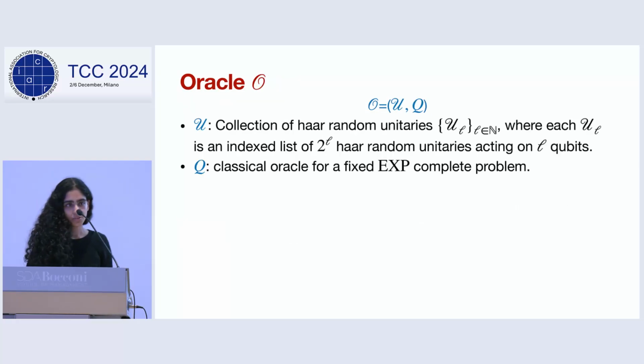And I'll start by describing what the oracle is. So it's a quantum oracle, and it's a pair of oracles. So we have a classical oracle for a fixed X complete problem, which we call Q. And then we have a quantum oracle U. And I like to think of this oracle as a set of sets.